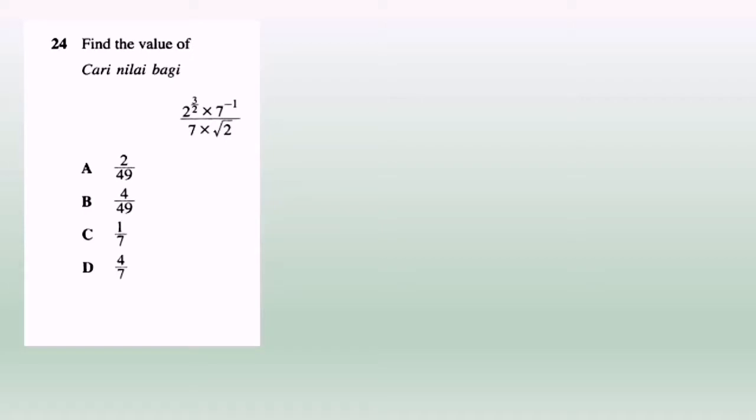Find the value of 2 power of 3 over 2 times 7 power of negative 1 over 7 times square root of 2. So here 2 power of 3 over 2 times 7 power of negative 1 over 7 times 2 power of 1 over 2. As you know, if divide the index, we just minus.